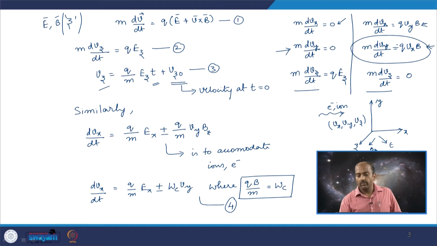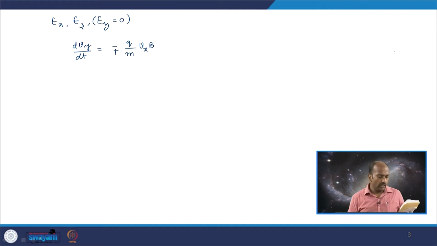The rate of change of velocity of the particle along the y axis will just depend on the magnetic field. The electric field could contribute, but we have chosen a field such that the electric field along the y axis is 0; we have made a choice like that. So it is q Vx B, the only term which will contribute to the net acceleration.